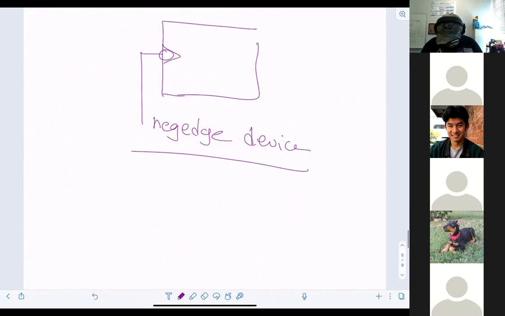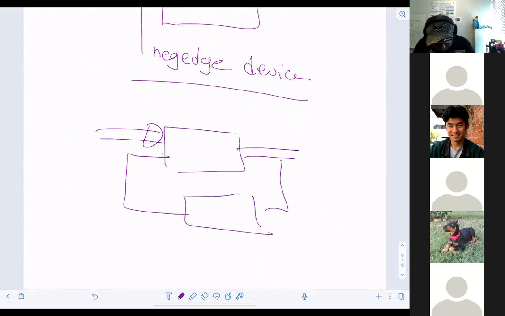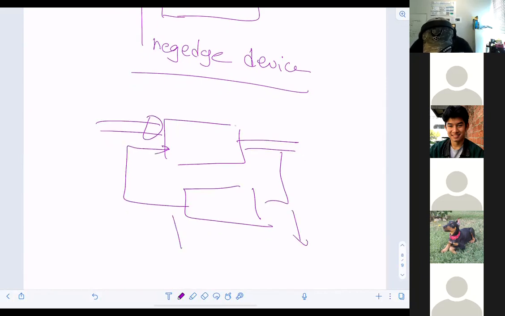So I will show you something. If you build a combinational circuit like this, here is your input, and that output comes back like that, right? Now the input and output will determine what will happen to the flip-flops later on.